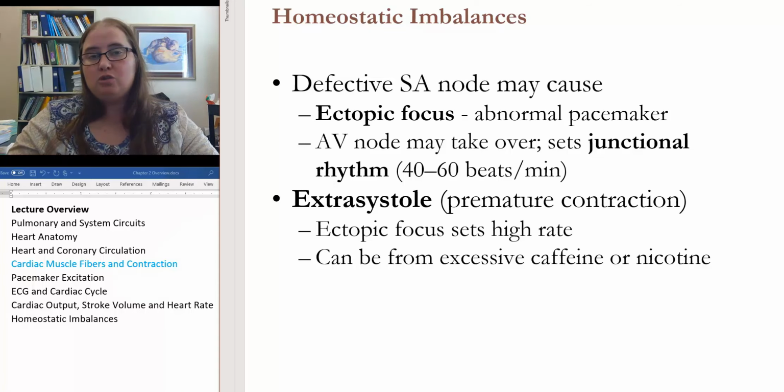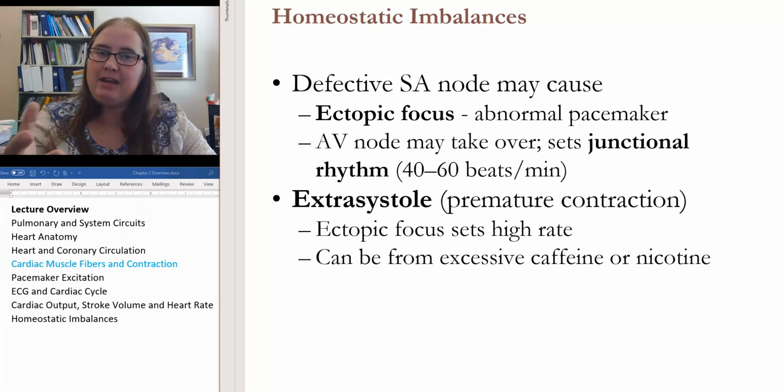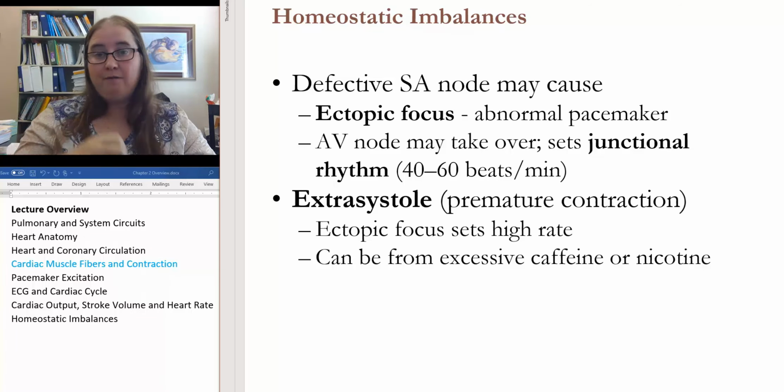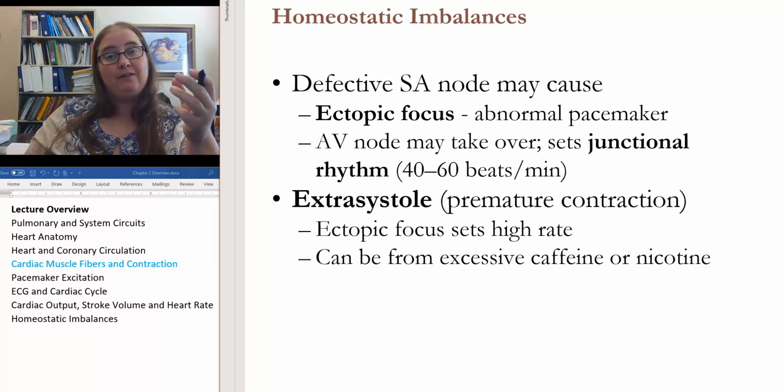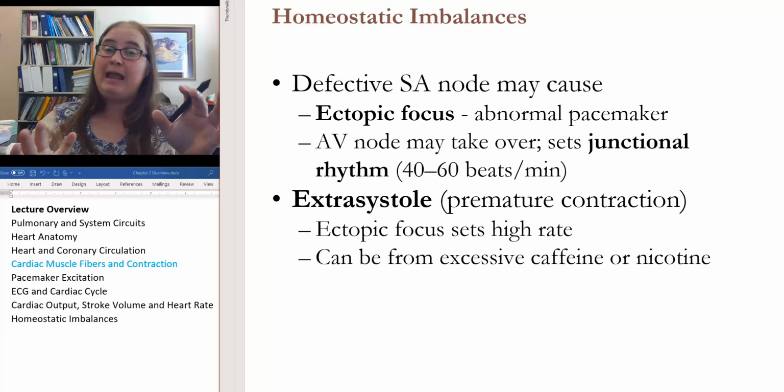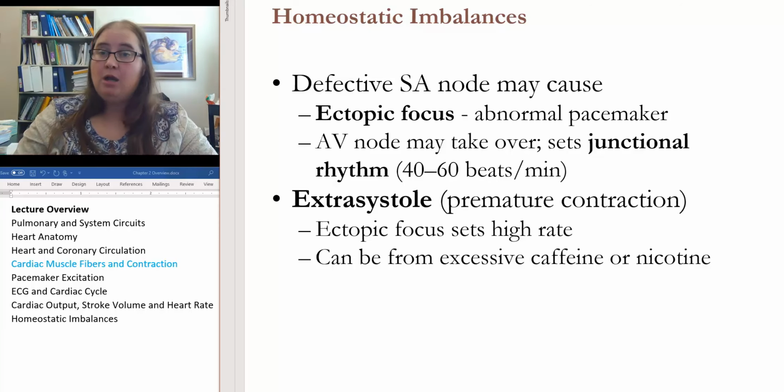So in patients with ectopic focus, their heart rate tends to be slower, because the AV node, remember, only fires about 50 times per minute versus the SA node, which is about 75 times. But it's okay, because the body's still getting enough oxygen and nutrients even at 50 times per minute. You can also get something called extrasystole.